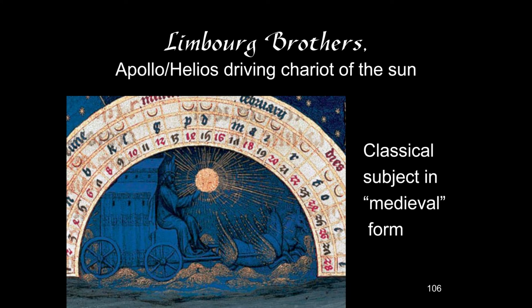And then the personification of the sun is a bearded man in a long garment, and the chariot that he's riding doesn't look like a classical chariot at all. Well, this actually would be a classical reference to the idea of Apollo or Helios driving the chariot of the sun across the sky.